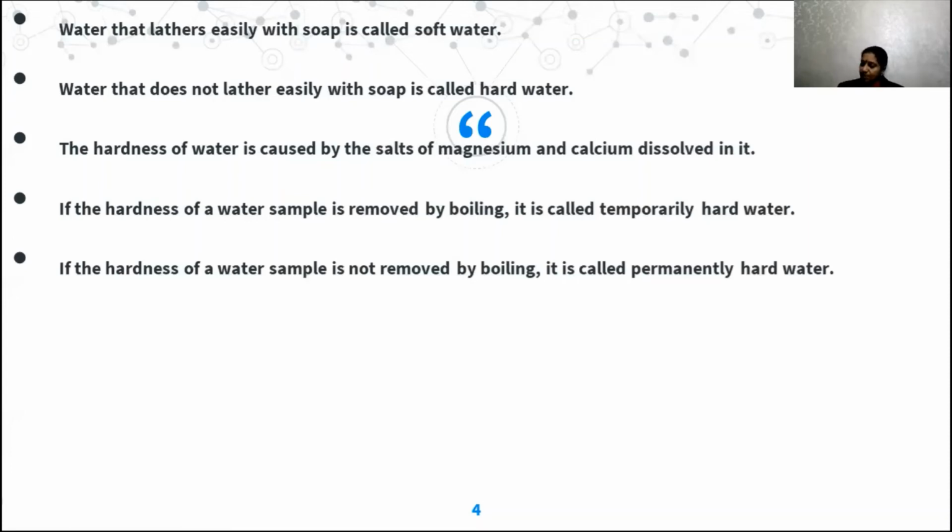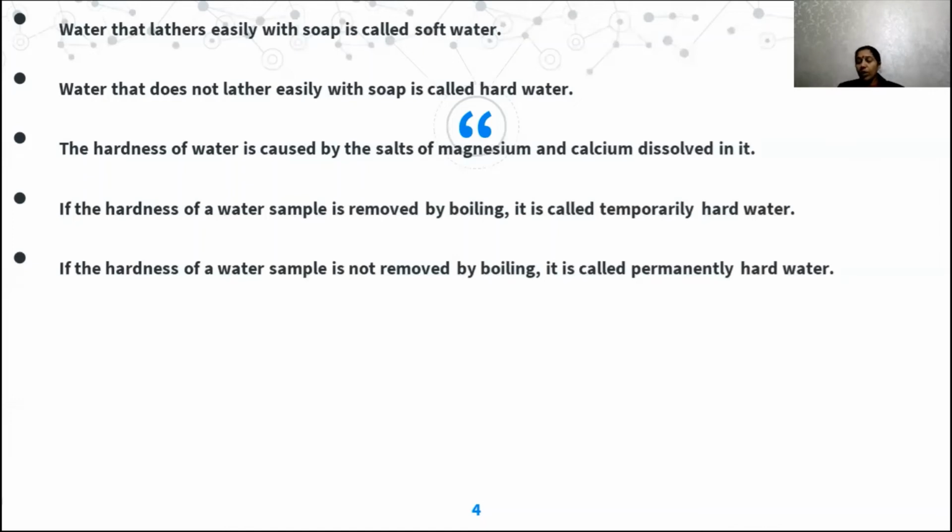Then, what makes water hard? Then temporarily and permanently hard water. These topics are also included in the chapter. If the hardness of a water sample can be removed by boiling, we can remove the hardness of water through the process of boiling. That kind of water we can say is temporarily hard water.